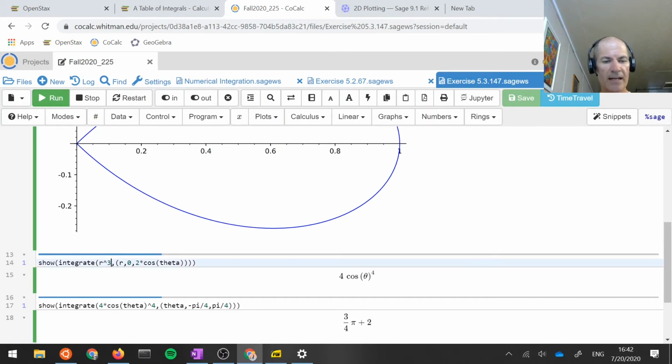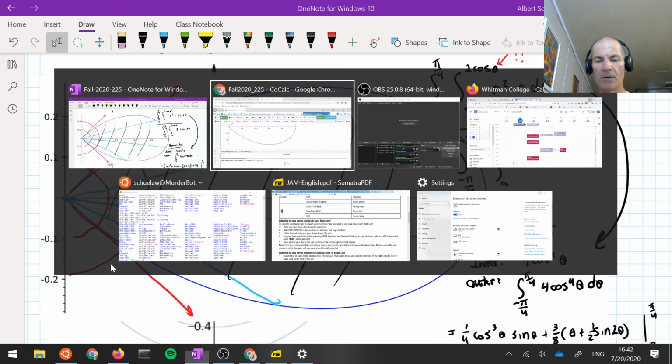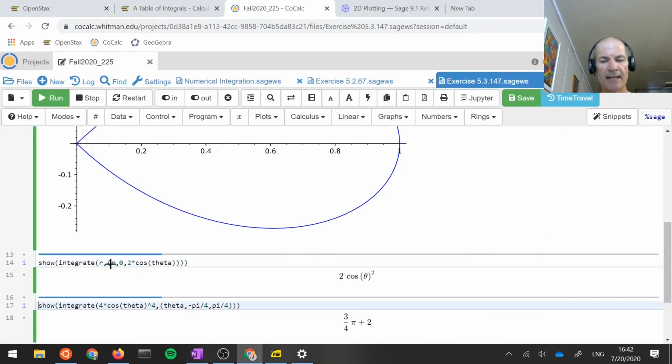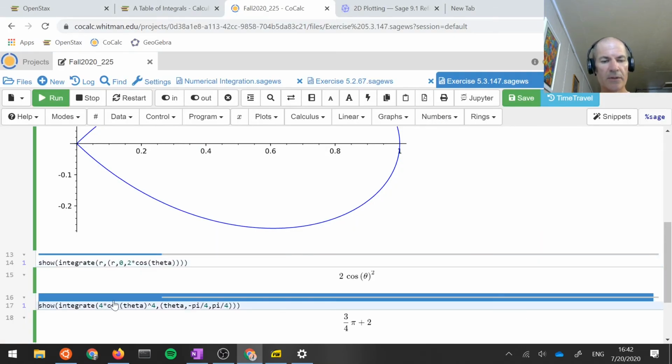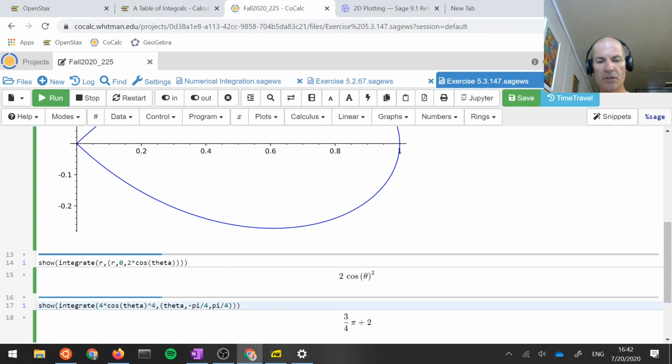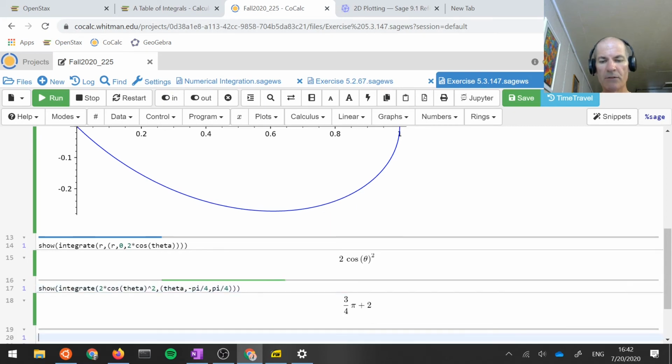We're going to integrate now r from 0 to 2 cosine theta, so we get that. And then we'll integrate the result, which is 2 cosine squared theta, from theta equals minus pi over 4 to pi over 4, and we get pi over 2 plus 1.